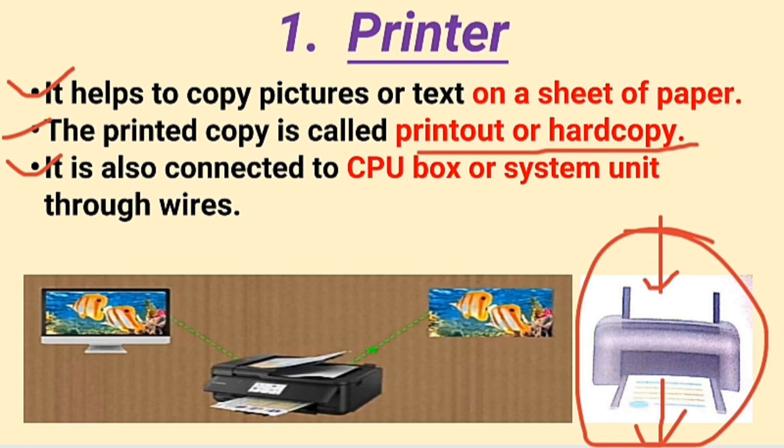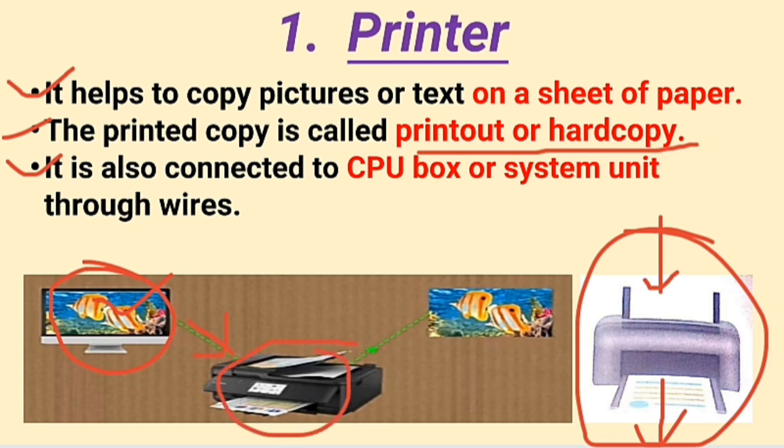Now we will again try to understand what we are doing in the printer. Here this is the screen and this picture is stored in the screen. This is our computer screen and one picture is there on the screen. What we want? We want that picture on a sheet of paper. What we will do? We will select this picture and give the print command to the printer.